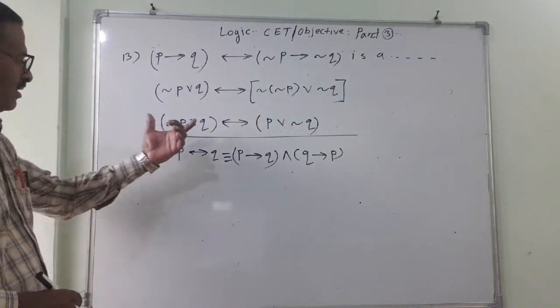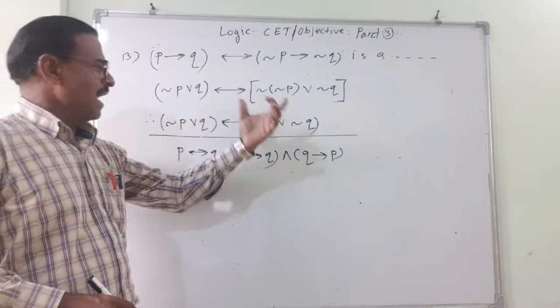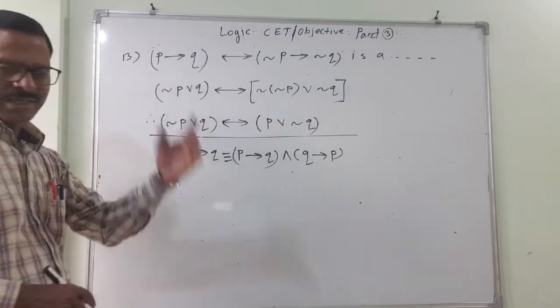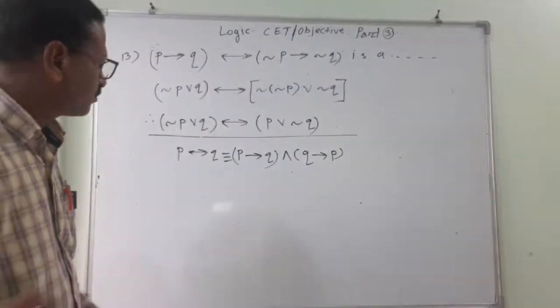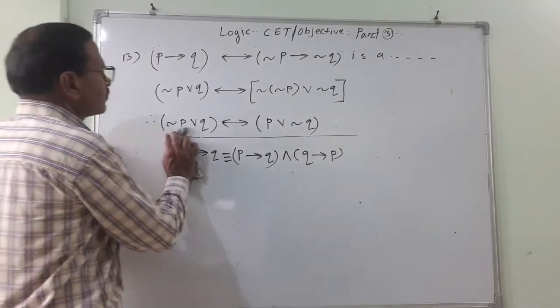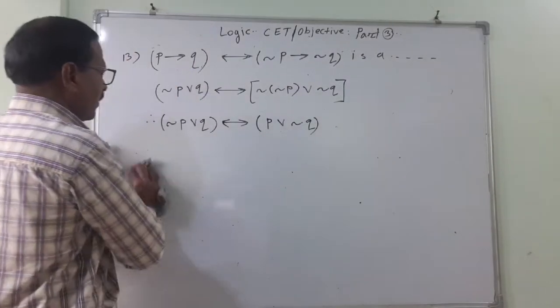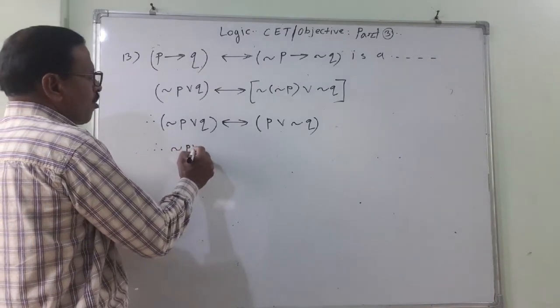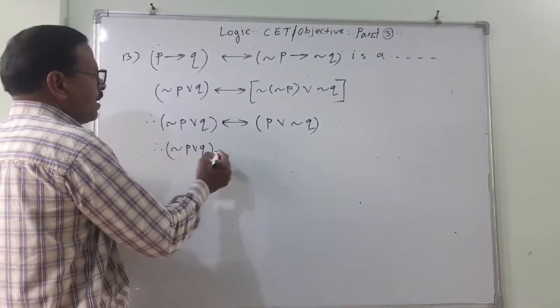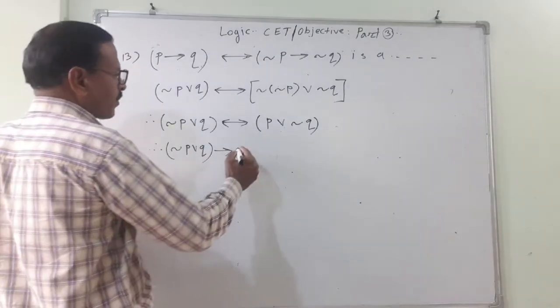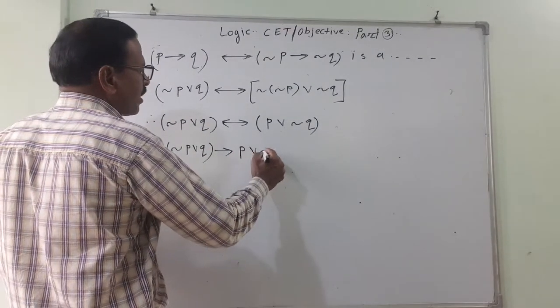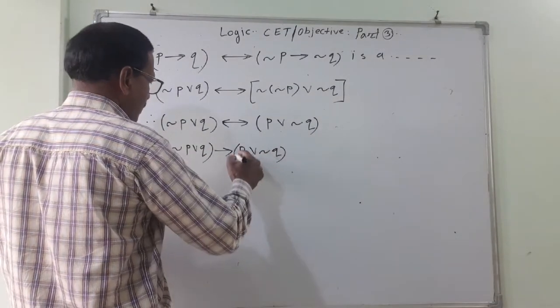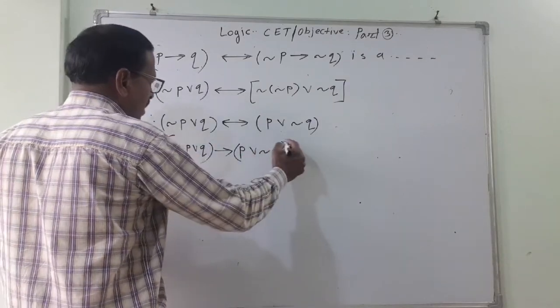In the same way, this implies this and this implies this. That I will write now. Therefore, negation P or Q implies P or negation Q. This is one part.